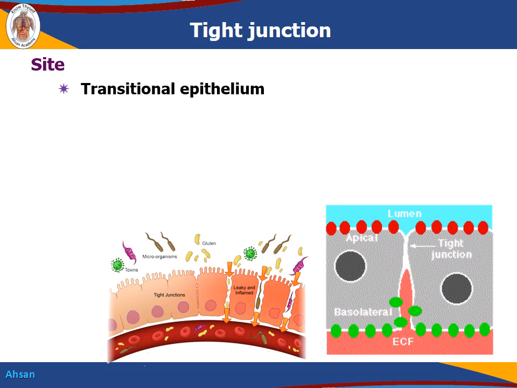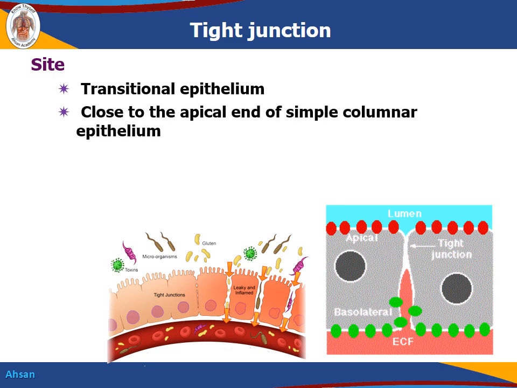Tight junction is observed in the transitional epithelium and close to the apical end of simple columnar epithelium. So you can see in the photographs the apical region of the cell shows the tight junction.